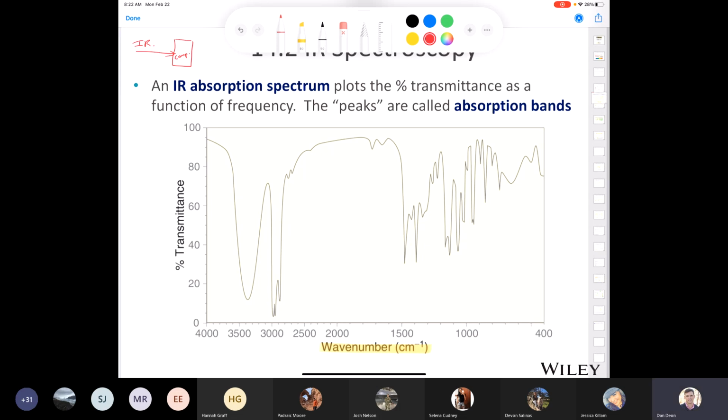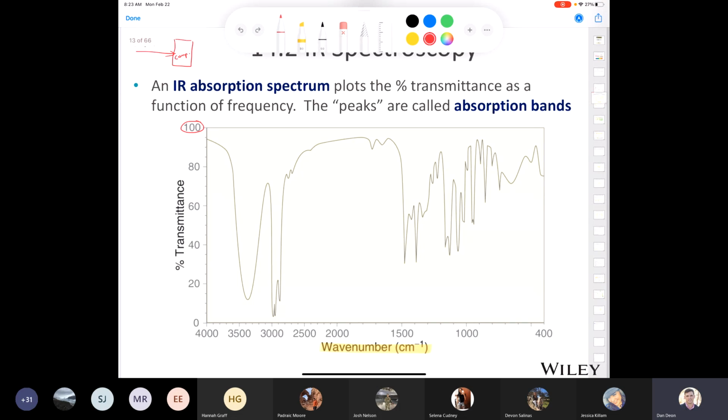Most of the light is going to go through the compound, right? The only time light is going to be absorbed is when it matches the energy gap in the specific bonds of the molecule. And so if we look at the percent transmittance, you can see that 100% of the light being transmitted, or most of the light being transmitted, right? If I'm up here, that means that most of the light is being transmitted.